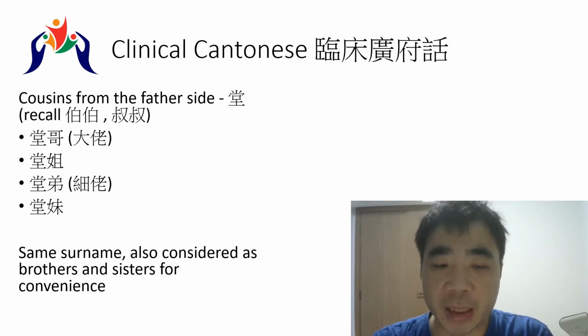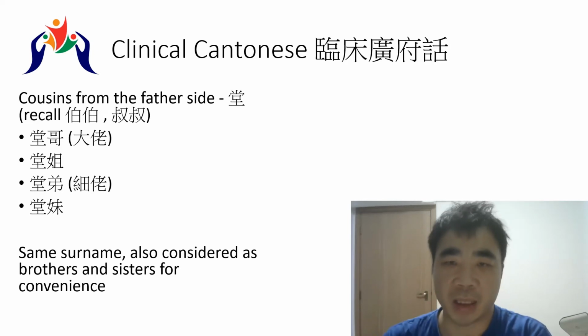We share the same surname, so that's why we also consider brothers and sisters for convenience. Sometimes you just skip the call, it just addresses directly as brother sister, like 大佬, 細佬, rather than calling them 堂哥, 堂弟, 堂姐. Yeah, we just call it as brother and sisters.